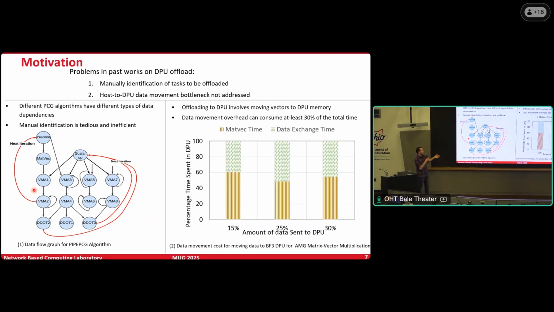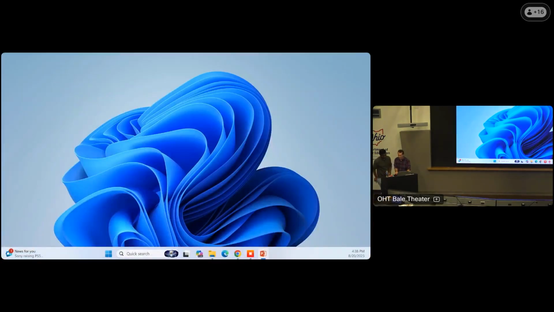Given the particular flow of operations, the motivation for the algorithms and the design is which way does the data go? Does the data from the preconditioner go to operations such that if an operation is not immediately relying on it, we can potentially offload that operation to the DPU. Or if it's not reliant on it at all, then we can offload it to the DPU.